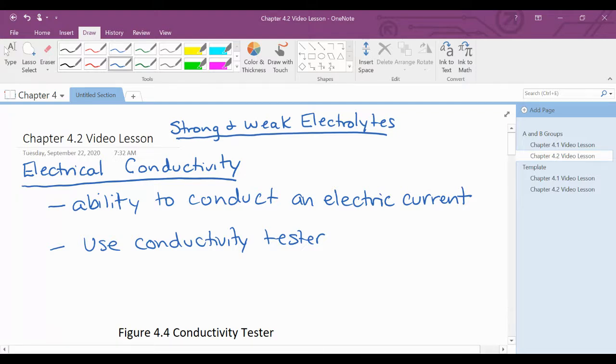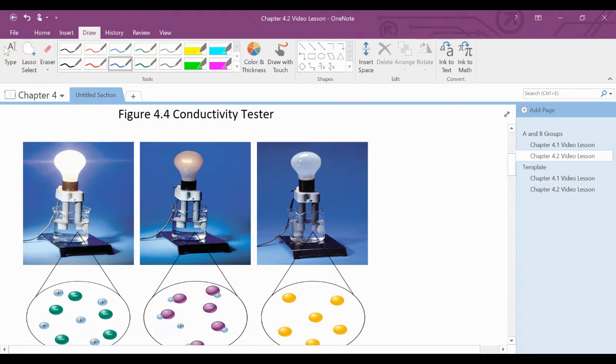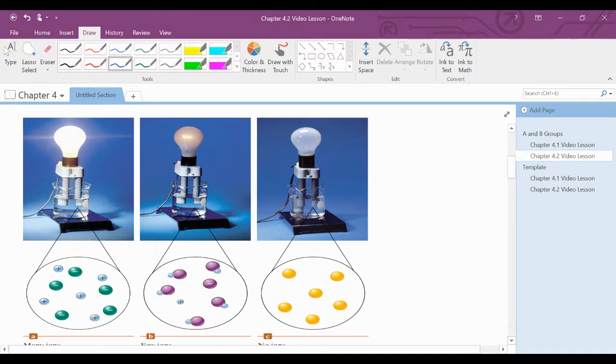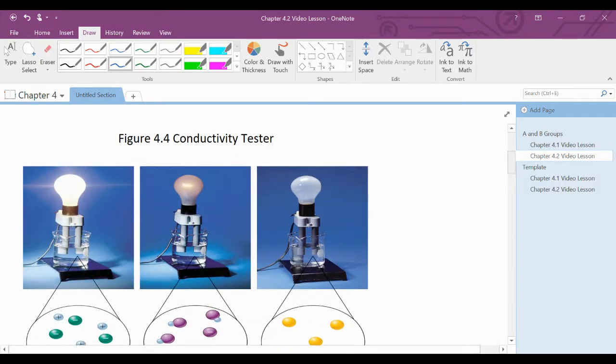In your book, there's figure 4.4. It shows a conductivity tester, and there are 3 light bulbs. You can see on the left, we have a strong conductor. So we have a strong electrolyte.